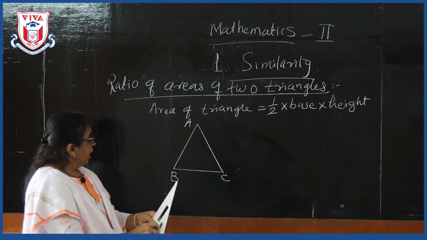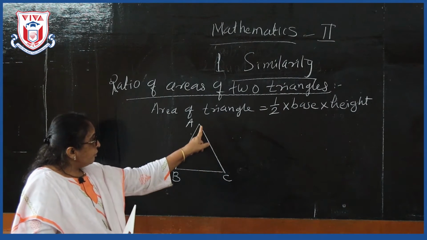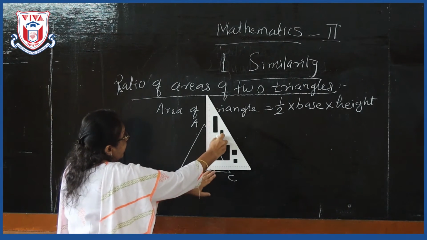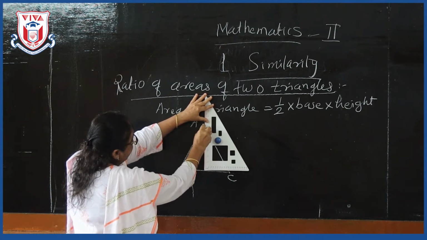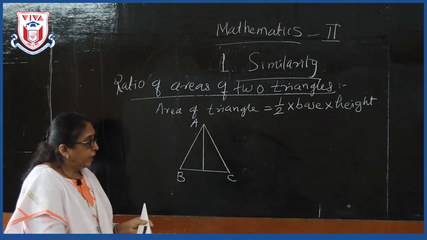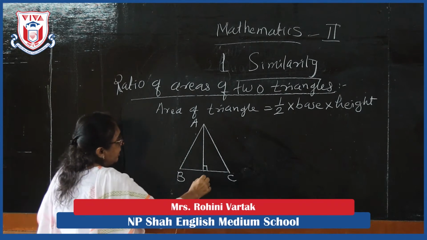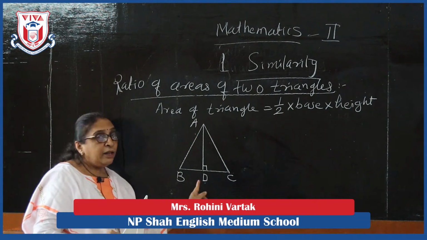Then, if we consider BC as a base, its opposite vertex is A, and from A, a straight line which is perpendicular to this BC from point A is called the height. Suppose we consider AD is the height of this triangle ABC.